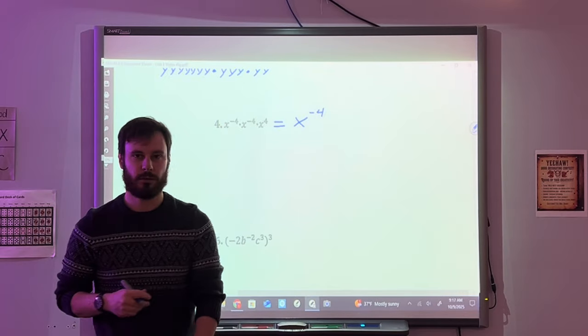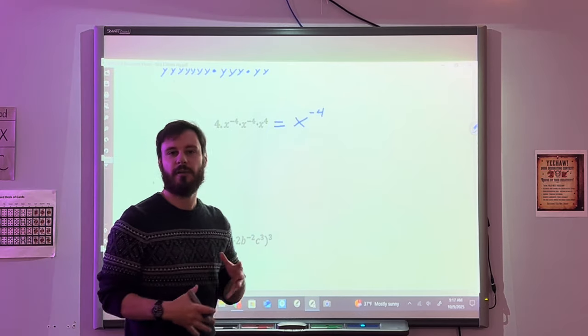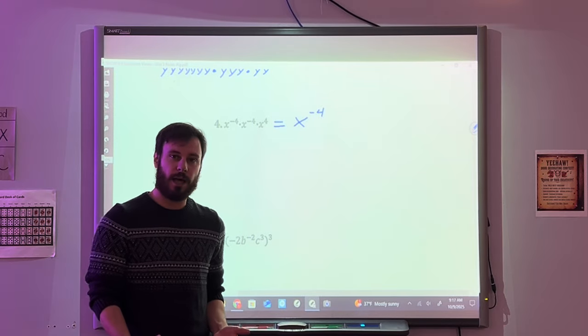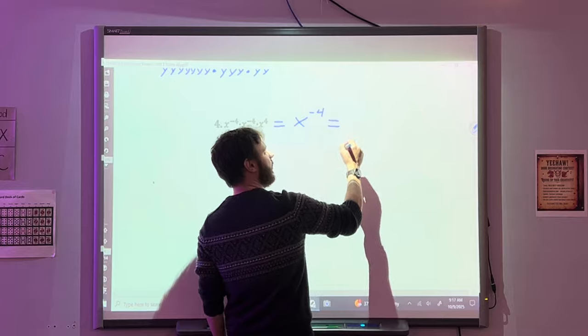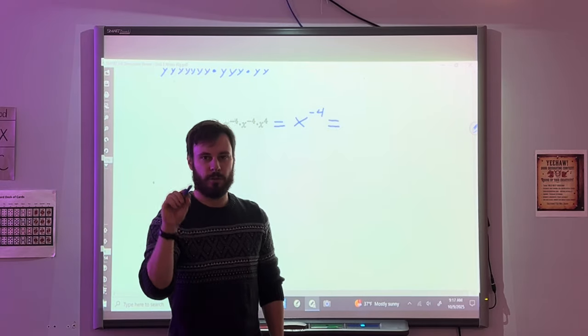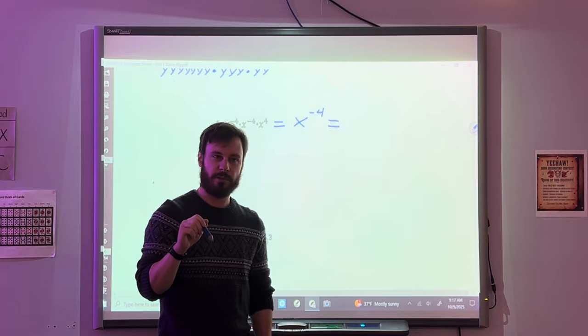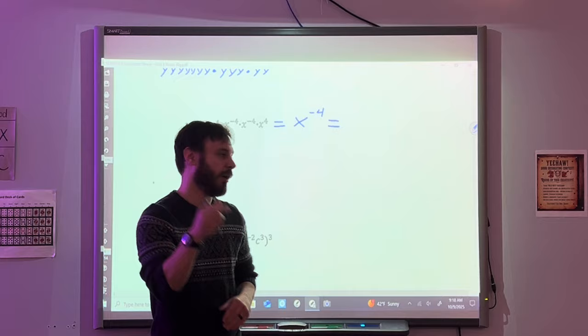I have -4. Now, that's not good enough. We can't have negative exponents. Remember, that's not allowed. So how do we make something positive when it comes to an exponent? Well, it changes sides. If it's in the top, it goes to the bottom and becomes positive. Or if the negative's in the bottom, it goes to the top and becomes positive.